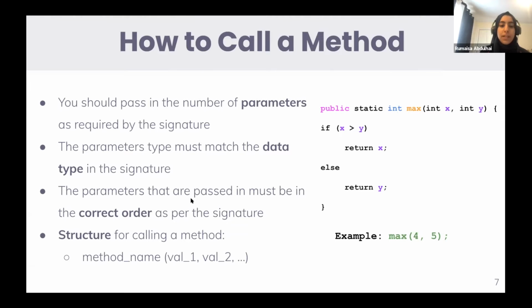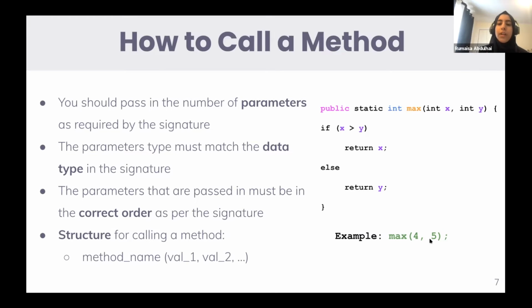The parameters that you pass in must also be in the correct order. Here it doesn't matter so much, but let's say you have an integer parameter and a string parameter, integer x, string str. Then you have to pass in the integer first and then the string.